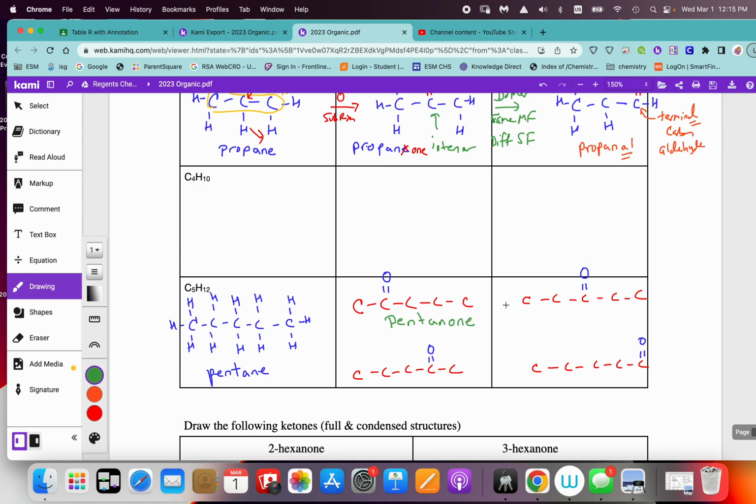Okay. I'm going to move to this next one. 5 carbon chain, single bonded, so it's based off of the pentane. I have a double bonded oxygen within the interior part of the chain, so it's a ketone. So I'm going to write it down as pentanone.